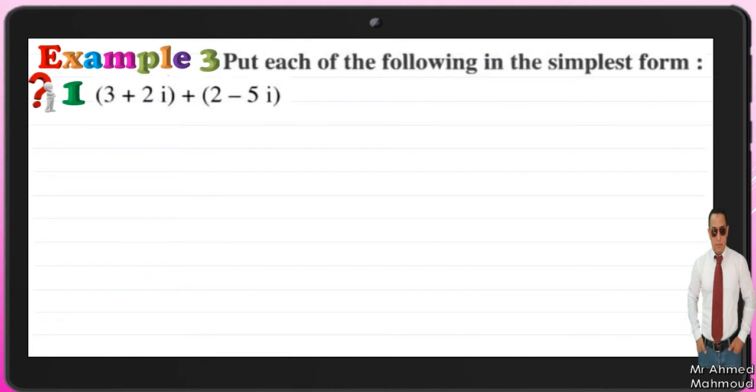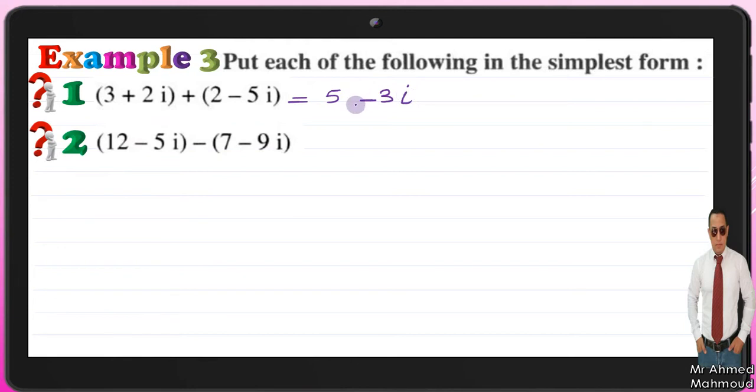To solve this one, 3 plus 2 equals 5, and 2i plus negative 5i, 2 plus negative 5, equals negative 3i. The next one, number 2, 12 minus 5i minus 7 negative 9i. Okay, 12 minus 7, I'm going to take the real with real and the imaginary with imaginary.